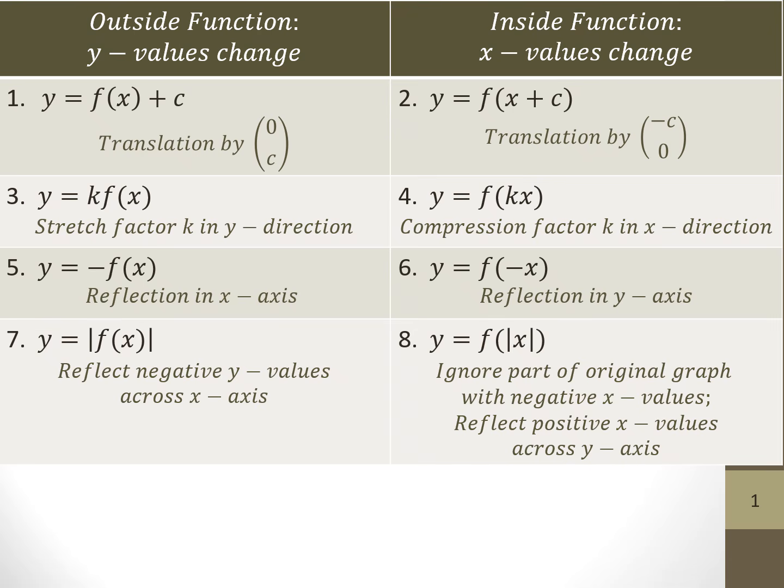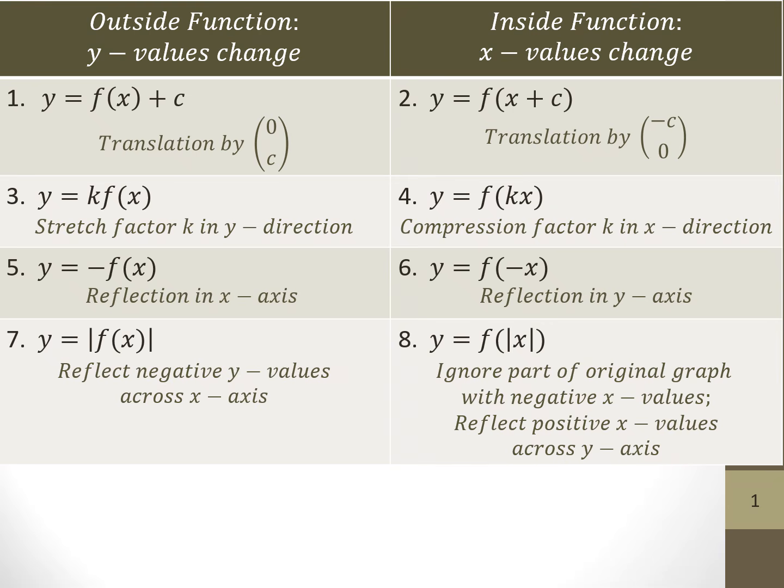Okay, so first off, we have these 8 different transformations. I would like us to think about them as 4 pairs. So 1 and 2, these are translations or shifts in either the y direction or in the x direction. Transformation 3 and transformation number 4, these are either stretches or compressions.